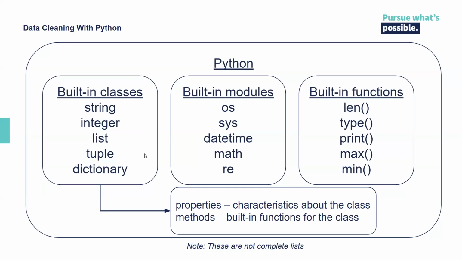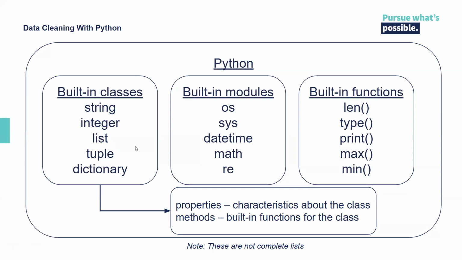So there's going to be classes, which are essentially the objects that are going to hold information and do work within our Python script. There's going to be built-in modules, which give us access to different pieces of our computer and different functionality within Python. And then there's going to be built-in functions, and functions are the things that actually run the instructions to do the work in our script.